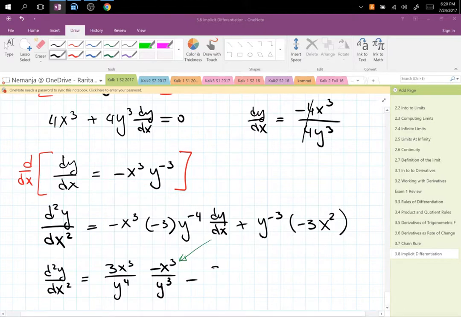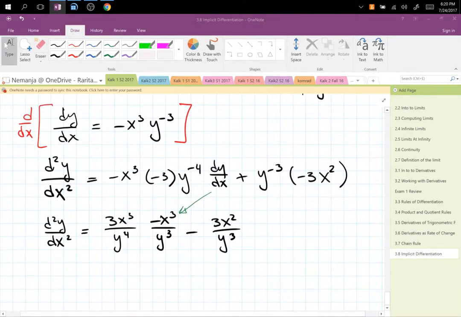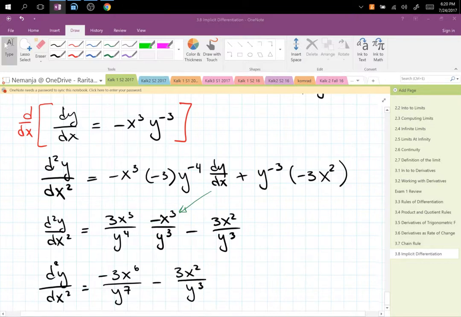Minus 3x squared over y cubed. So when we multiply everything together, we get negative 3x to the 6 over y to the 7 minus 3x squared over y cubed.